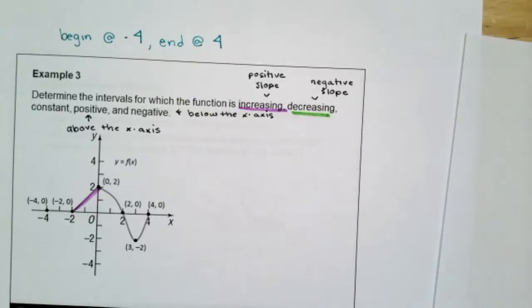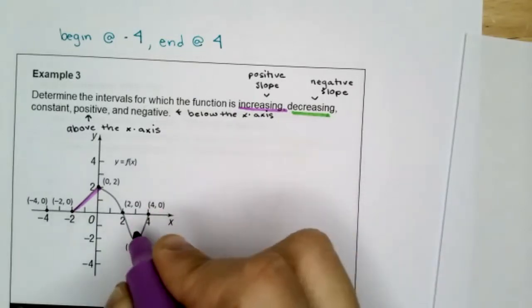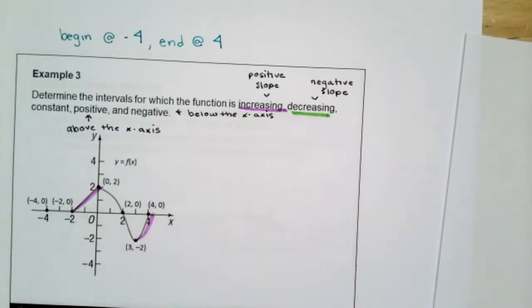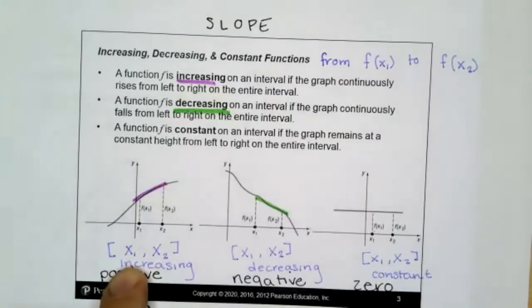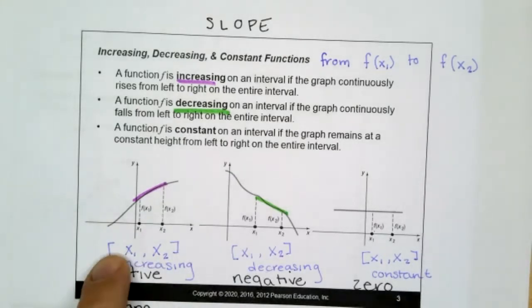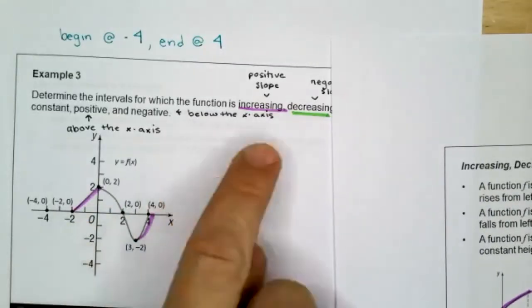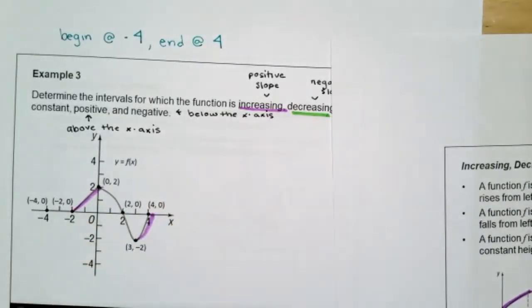And from 3 to 4, we are increasing, right? And this is how we write it. You always have the brackets because between x sub 1 and the next point, you are increasing. So increasing and decreasing always get brackets, never parentheses.